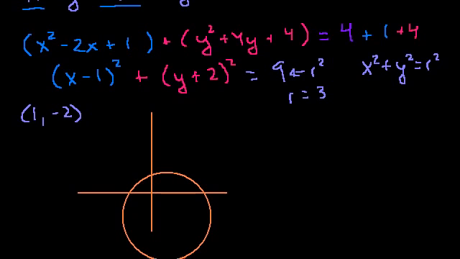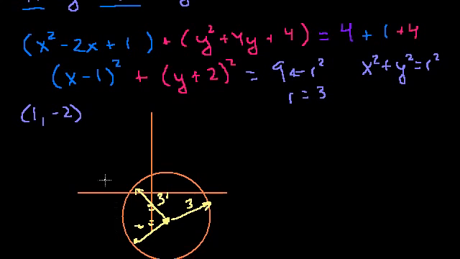Its center, let me try my best, is going to be at 1, and then you go 1, 2. That's its center right there at 1, minus 2. And then its radius is 3. So this distance right here is 3 in any direction. It's 3, and that is 3.